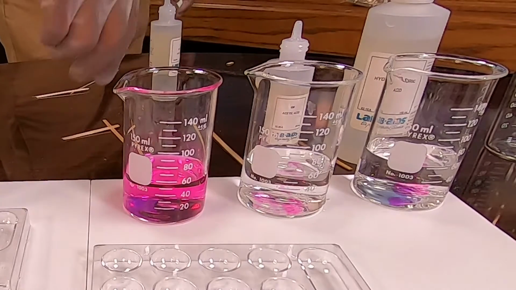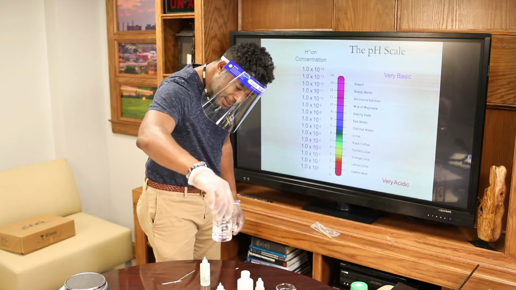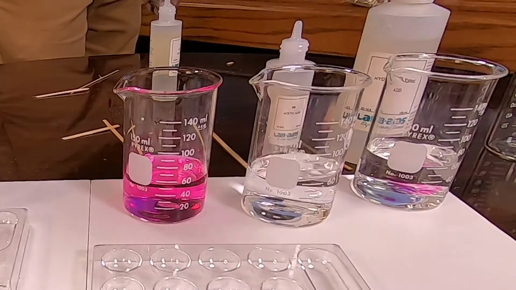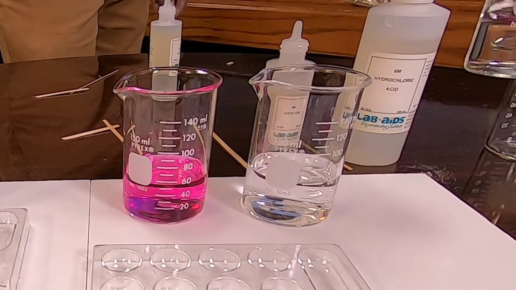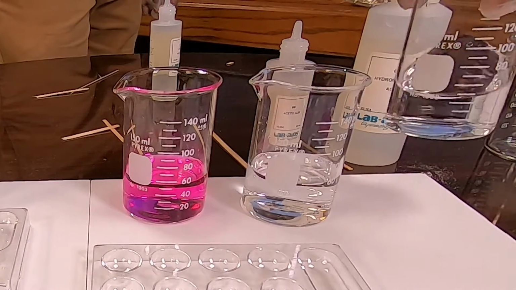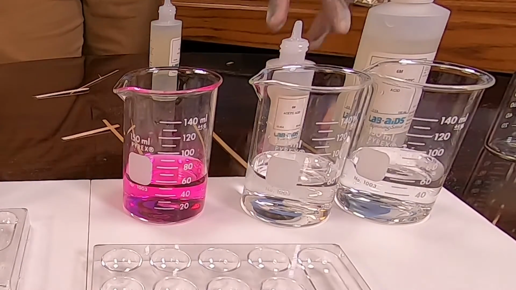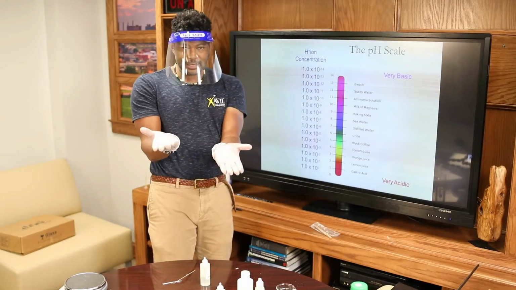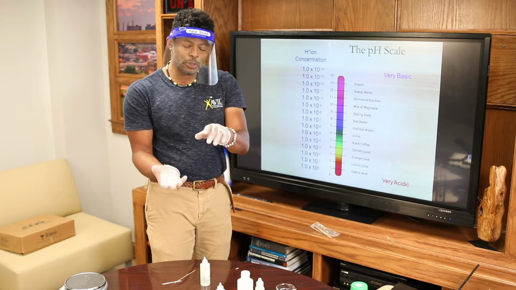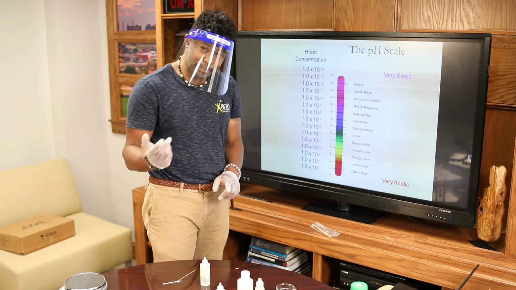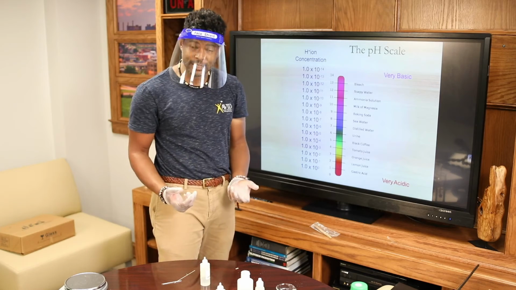Immediate reaction. But watch this. You spin this, it becomes clear. You spin this, it also becomes clear. There's this thing called titration, which is like a balance. When you titrate, you basically add enough base to neutralize an acid.